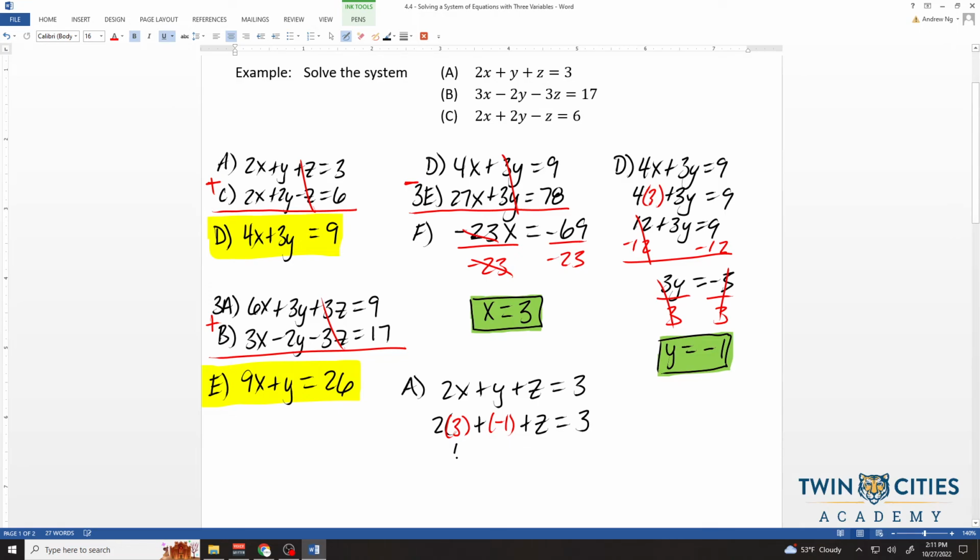So this will be 6 minus 1 plus z equals 3. 5 plus z equals 3. And then subtracting 5 from both sides, this will give me z is equal to 3 minus 5 is -2.